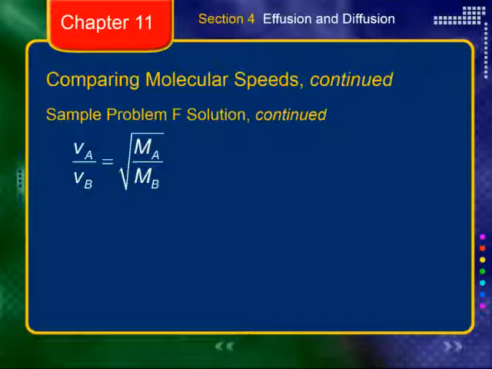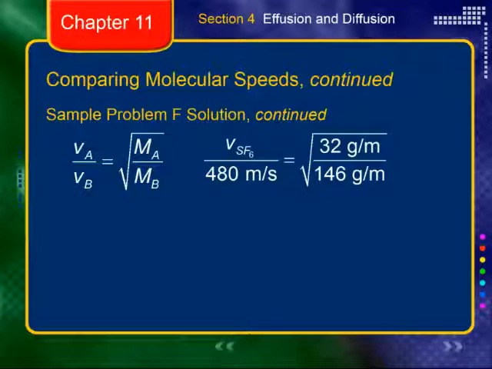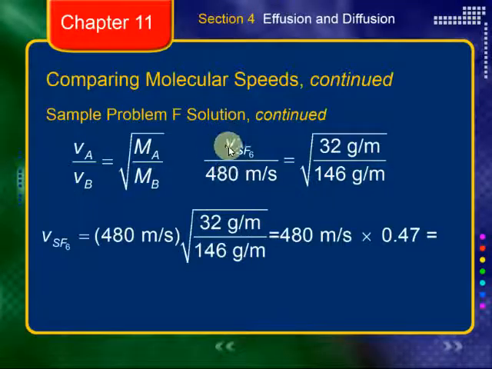All right. So we're trying to solve for the velocity of sulfur hexafluoride. And so we're going to rearrange this equation to solve for velocity of SF6. The first move is to get this velocity of SF6 by itself.